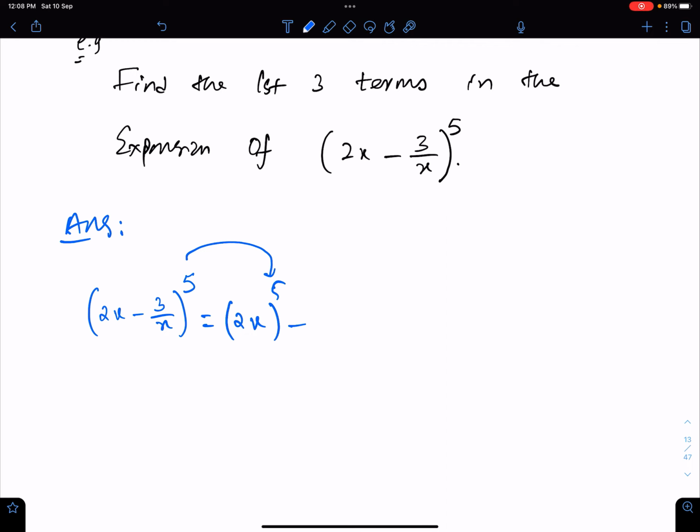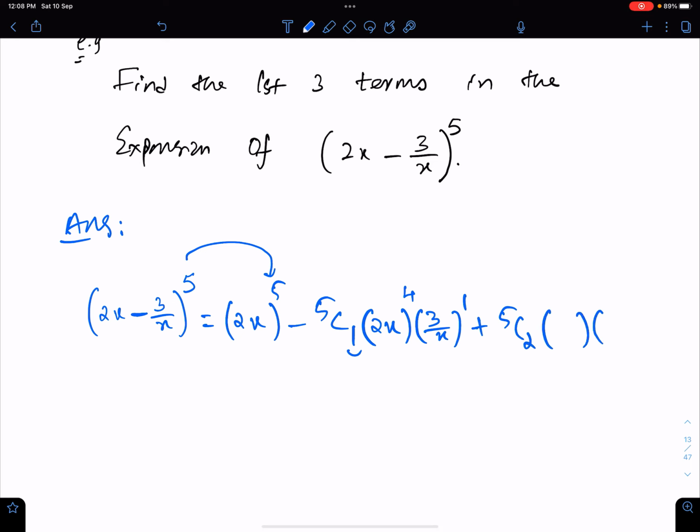Then put negative sign because we have negative sign here, and 5C1, make two brackets, one for the first term and one for the second term. Take the second term without its sign. 5 minus 1, 4, this difference is 4 and this number should be here. Then 5C2, again make two brackets, (2x)^3, 5 minus 2 makes 3, and second term with power 2, this number is here.